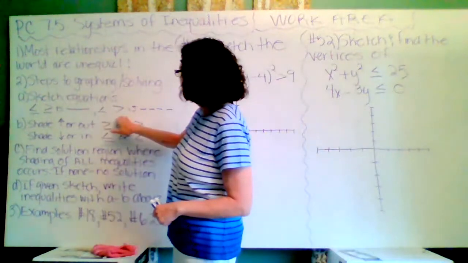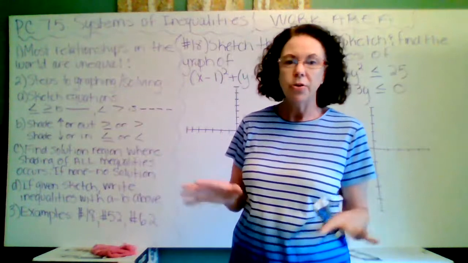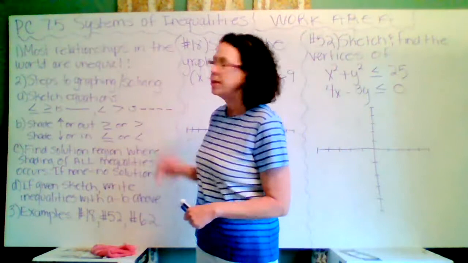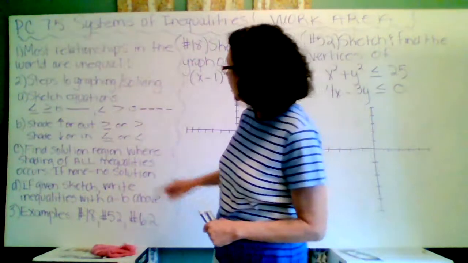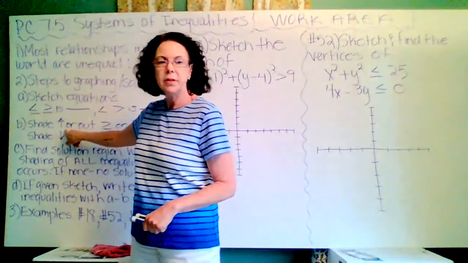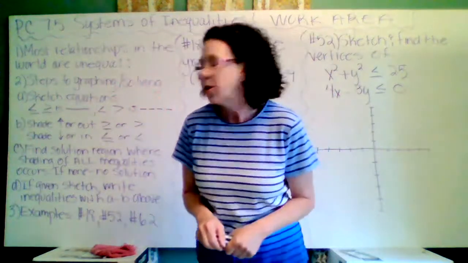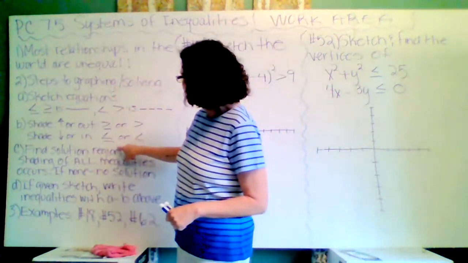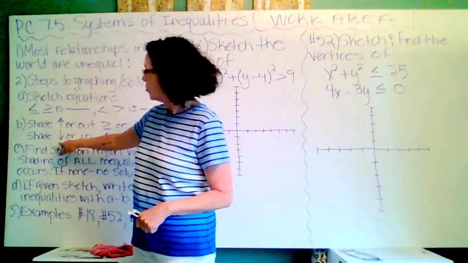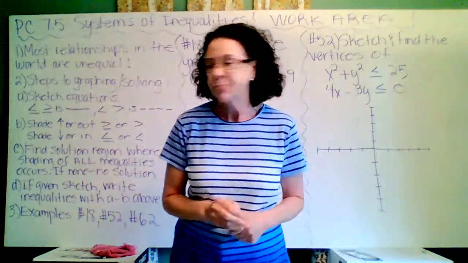If we have a less than or greater than, we are going to be using a dashed line, and that means that that line or curve is our boundary, but the points on that line or curve are not included in the solution. If we have greater than or equal to or greater than, we are going to shade above the line or curve, or we're going to shade outside the curve. If we have less than or equal to or less than, that means we will be shading below the line or curve, or shading on the inside if it were something like a circle.